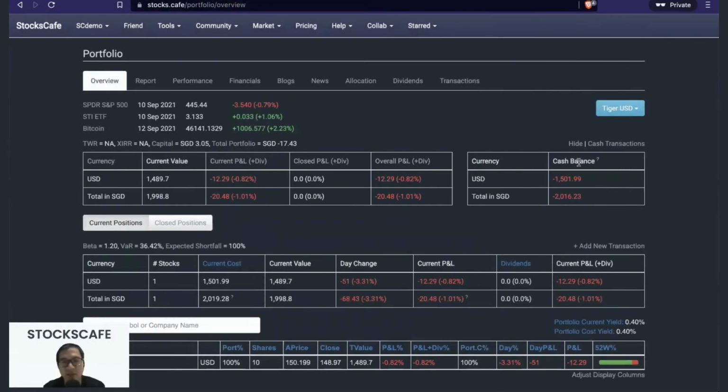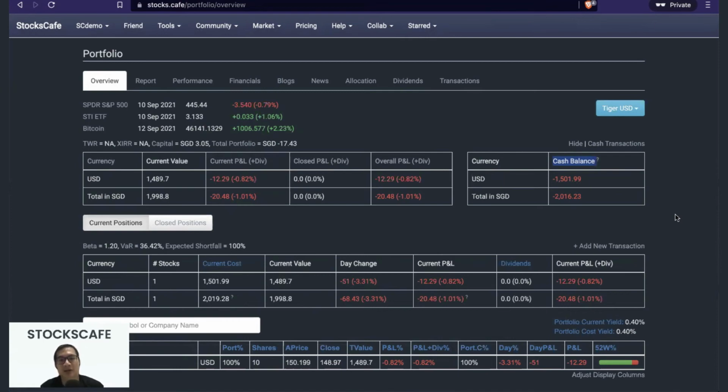So what is the cash balance trying to do here? Cash balance is trying to mimic your brokerage account cash, to tell you how much cash balance we think your brokerage account should have right now.